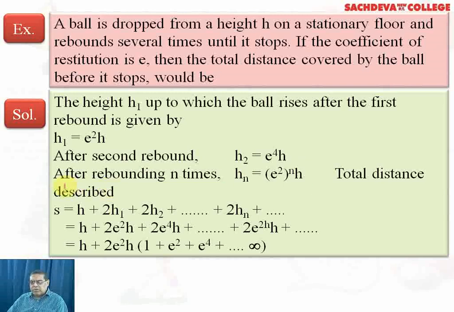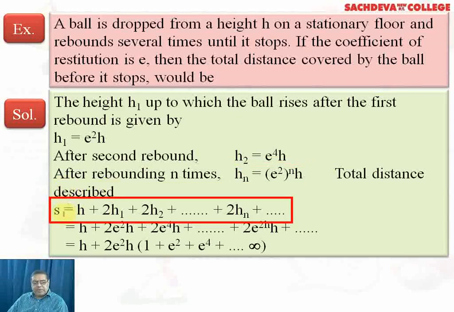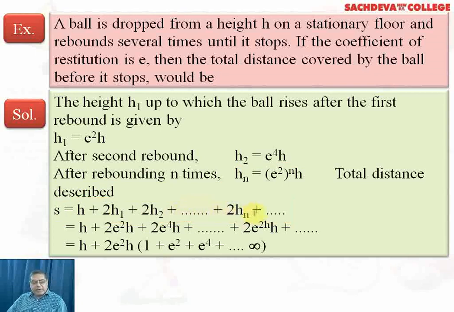So we have to use an arithmetical progression or a mixed series. And S is found to be h plus 2h1 plus 2h2, plus up to 2hn. Then we will calculate using the geometrical progression, taking the ratio of the second term to the first term.